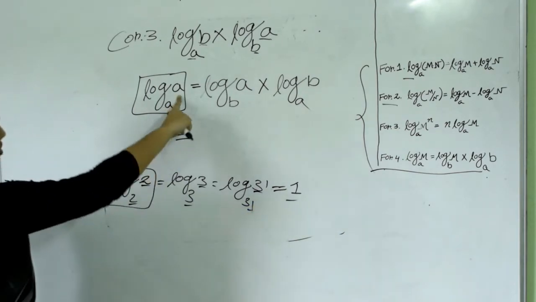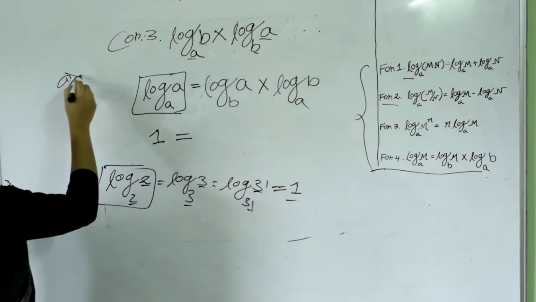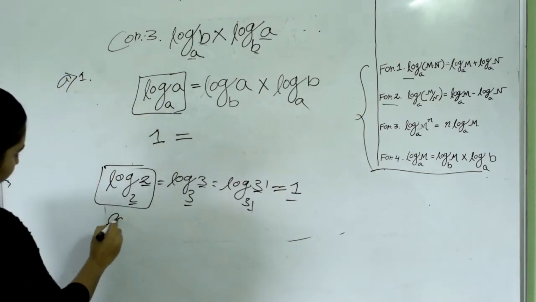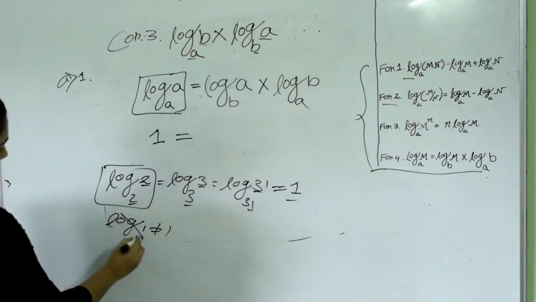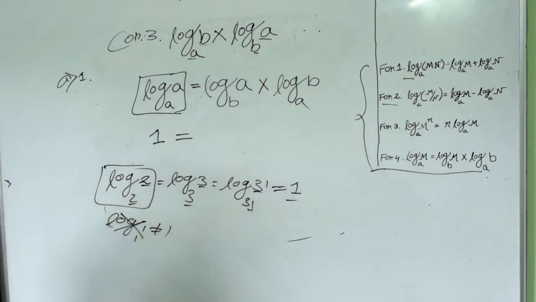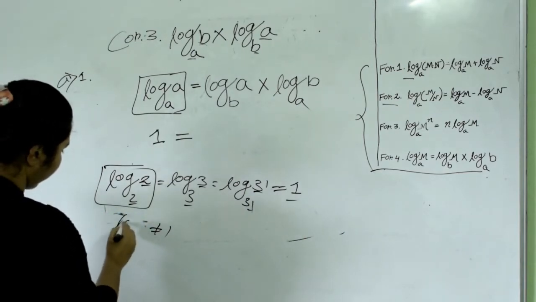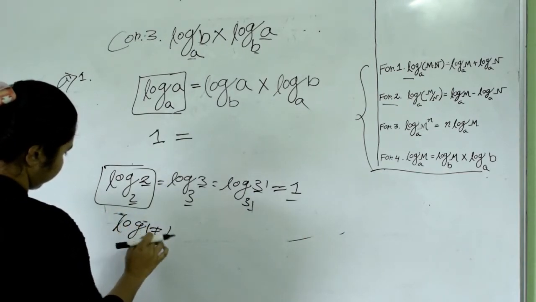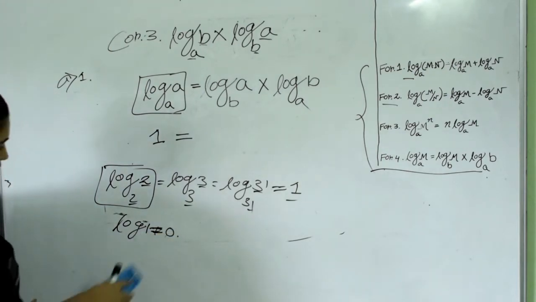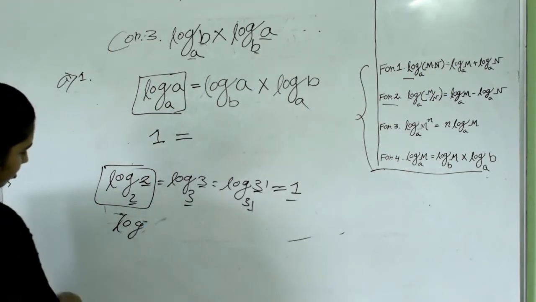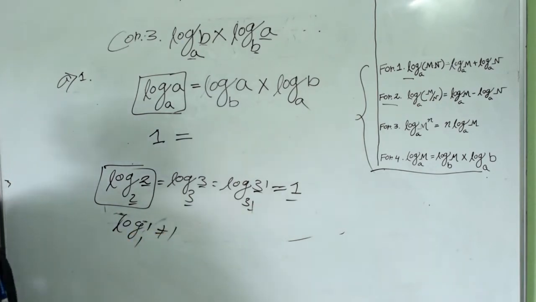So here also, with any real number, a is greater than 1. Not for log 1, it is not equal to 1, that does not exist. Sorry, because the value of log 1 is, we know, 0. So that's why the value of log 1 is not equal to 1.